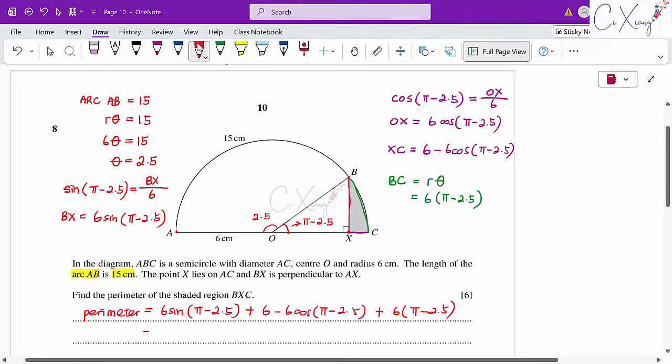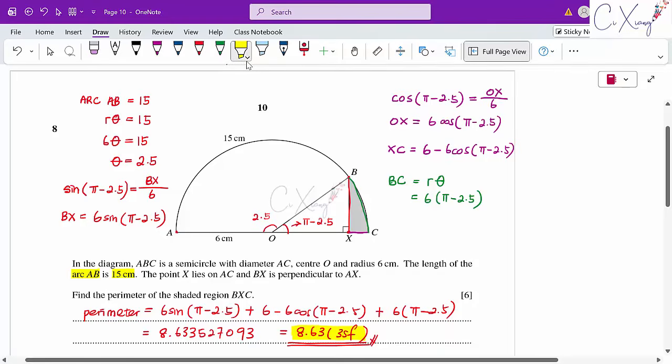Then just press the calculator. By right, you'll be getting a super long value here. And of course, I have to cut short my answer, correct to 3 significant figures. You should get 8.63, correct to 3 significant figures, for my final answer.